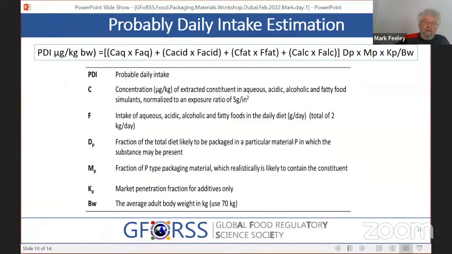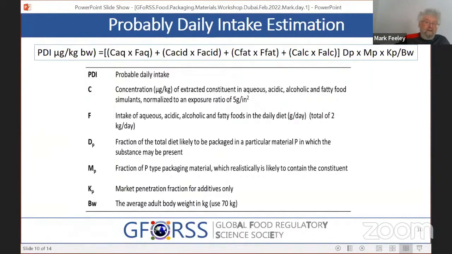So to provide a reasonable intake estimation that can result from the use of this packaging material, essentially you have to look at the concentration of the extracted material, and this could be in an aqueous, an acidic, or a fat, or an alcoholic type of food. And then once again, look at the fraction of the total diet of that particular food that's likely to be in the packaging material.